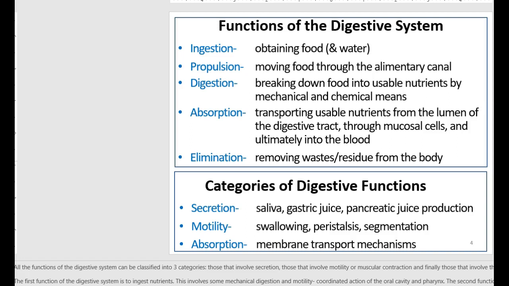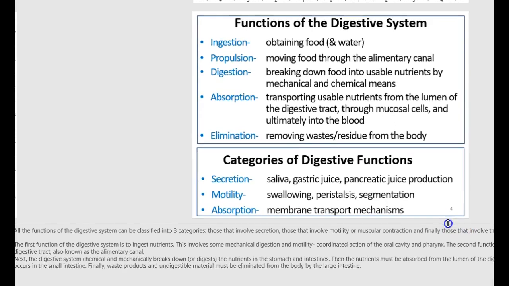That's when nutrients are absorbed across the wall into the body's cells. That involves membrane transport mechanisms. So various parts of the digestive system will perform one or more of these digestive functions. And of course, they have specific names, the functions do, depending on where you are in the body.